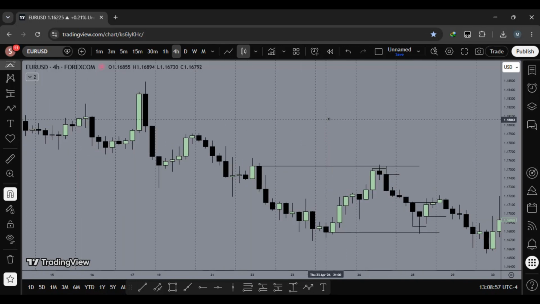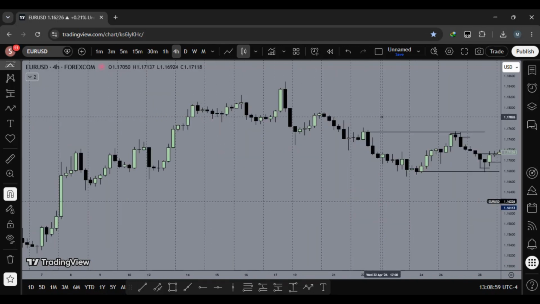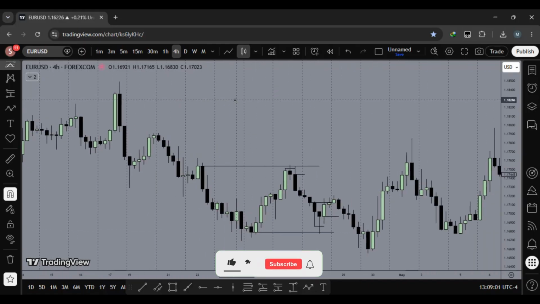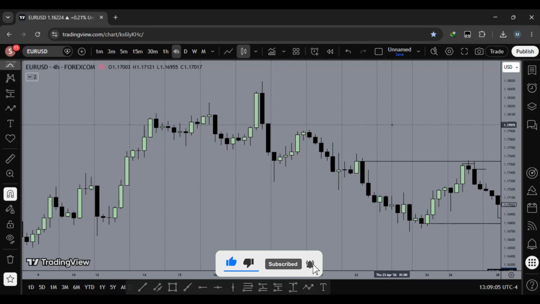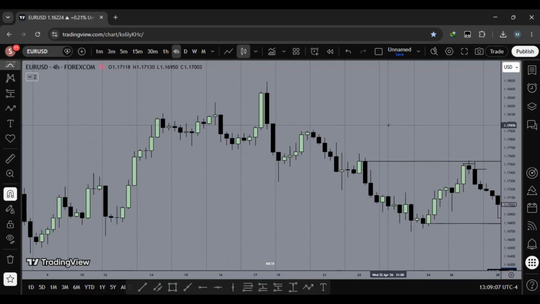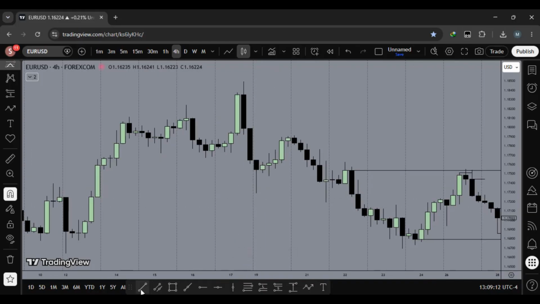You're not trading blindly. You're not just jumping to the next lower time frame for a breakout. No, you don't do that. So look at this. There's a candle two closure here.